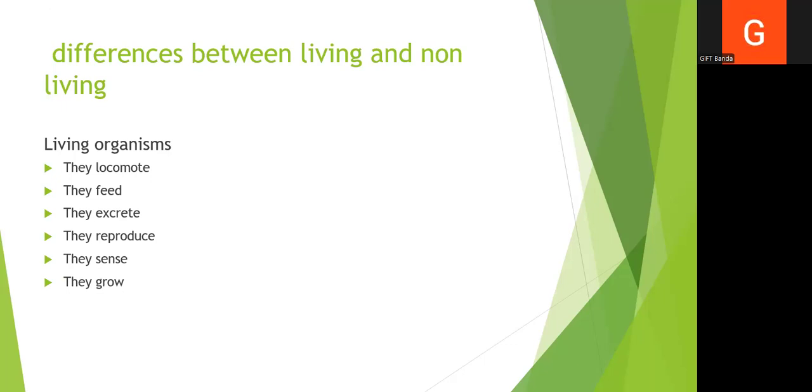Then there's also feeding, which is the intake of food into the body of all living organisms. Excretion, they have to remove the toxic substances that are inside the body. Reproduction, the bringing in of new offspring. Sense, the ability to detect how the body is feeling or doing, and then there's growth.